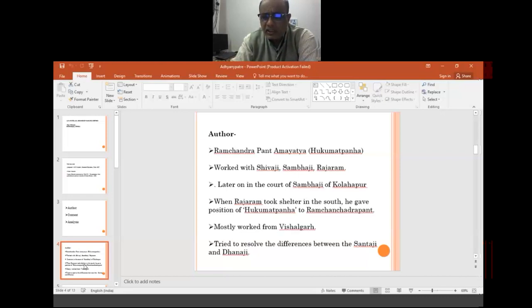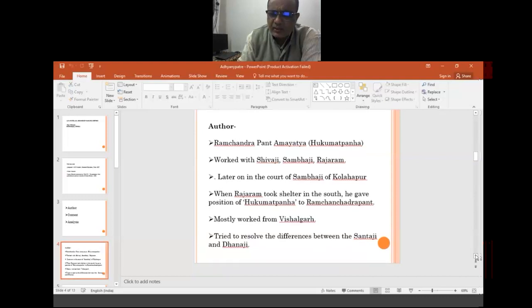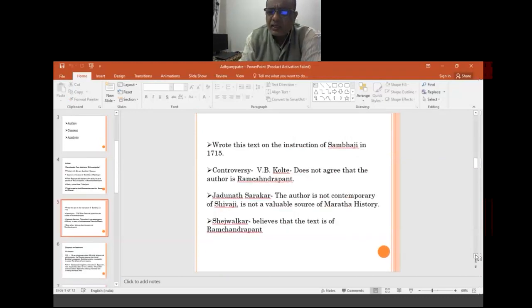This Santaji, though very capable and very swift, was very short-tempered and very intolerant of indiscipline. Ramchandra Pant Amatya, or Hukumat Panah, tried to resolve the differences between these two people. Of course, it could not be. Finally, Santaji was expelled from the Maratha Empire by Rajaram, and then he was murdered. Unfortunately, that was a very tragic end to this brave hero.